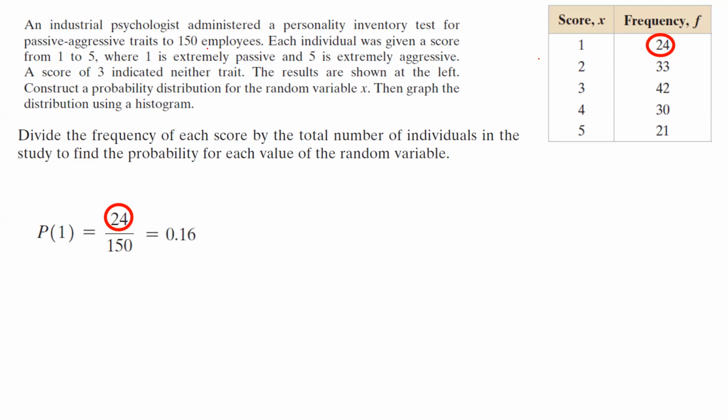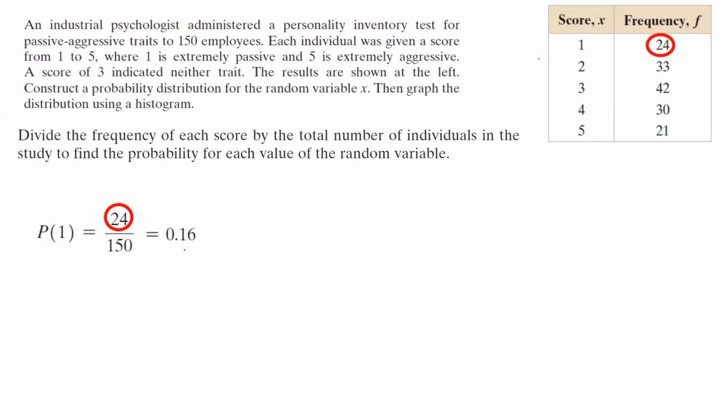It means that 16% of 150 employees got score 1. So remember that when we talked about relative frequency, it shows the amount relative to the rest of the entries or outcomes or data in your collection. So the probability of score 1 is 16%.